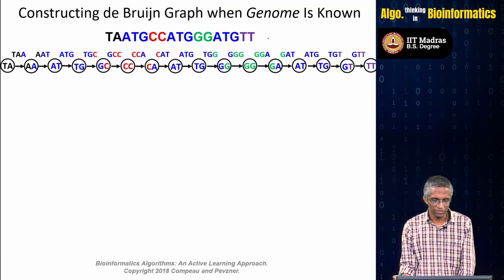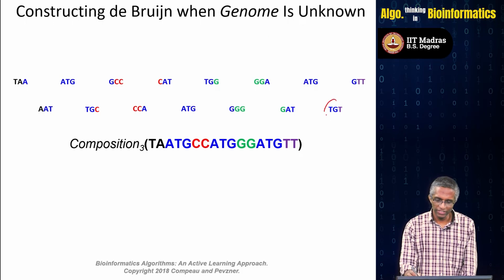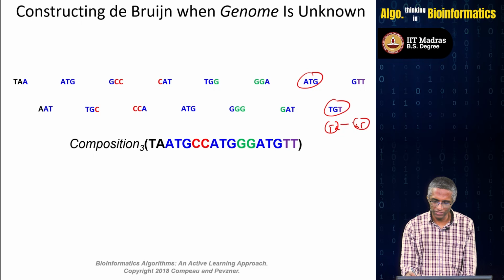So that is what we will do. I'm going to skip this one because we've already seen how to construct a de Bruijn graph when the genome is known. But let's just see constructing a de Bruijn graph when the genome is unknown. Like I just said, we take each of these and split it into the prefix and the suffix, and then label the edge with TGG.